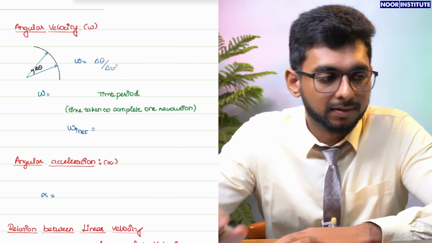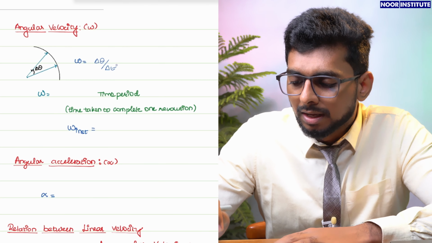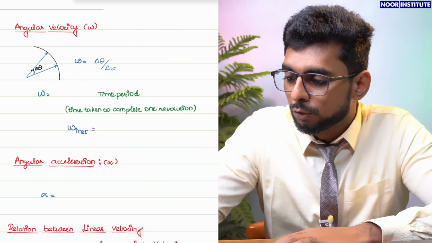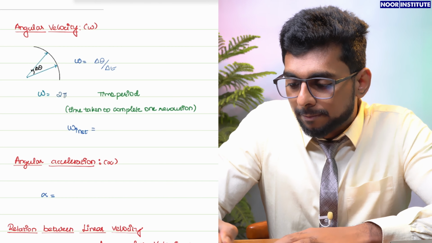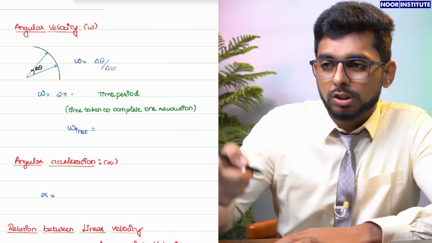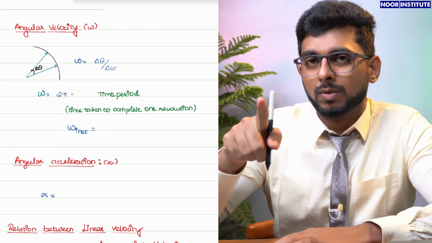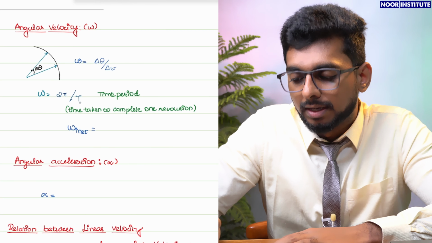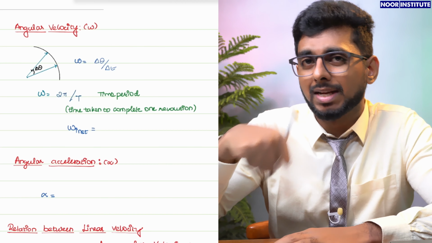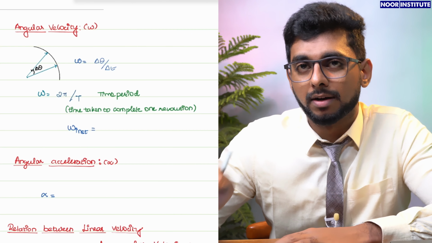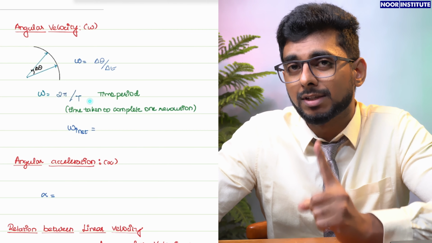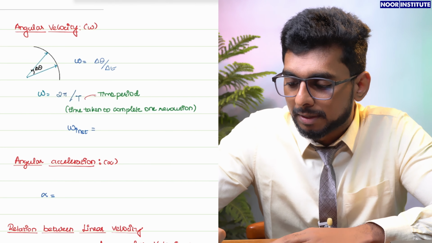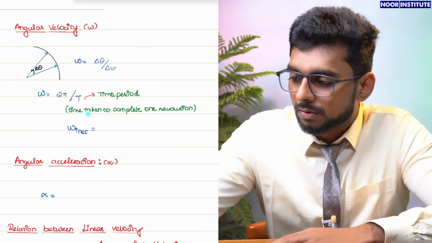Then, if it was a complete rotation, the angle should be 2 pi, right? Divided by the total time taken to complete one cycle or one circle in this situation. That will be the time period, capital T. Whenever one cycle is completed, I'll call that the time period. So the time taken to complete one cycle is called the time period. That is why I've written capital T here.